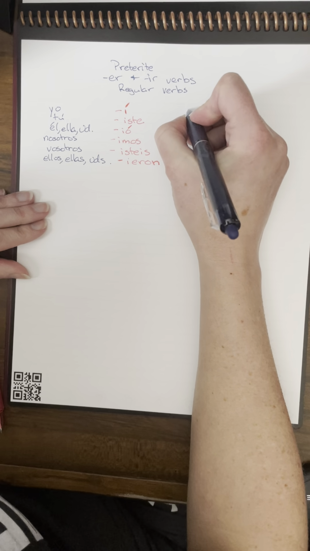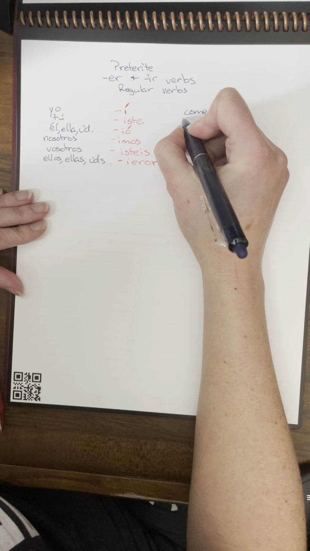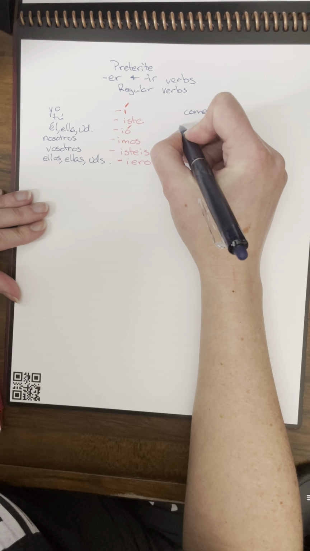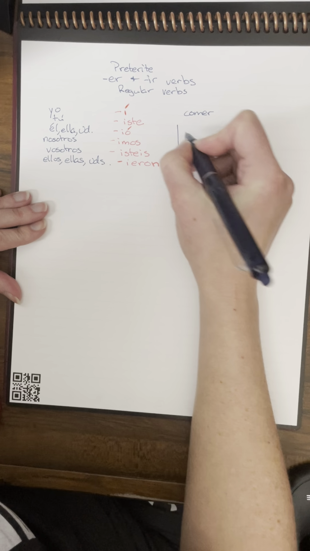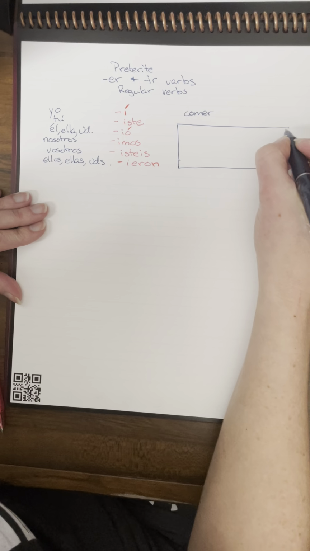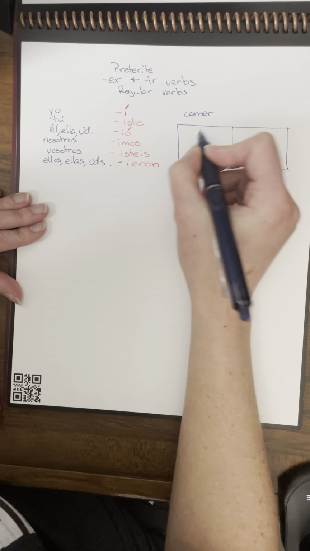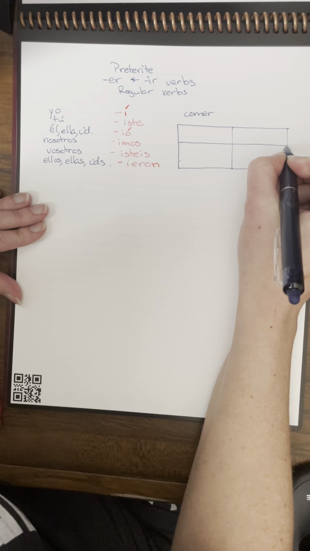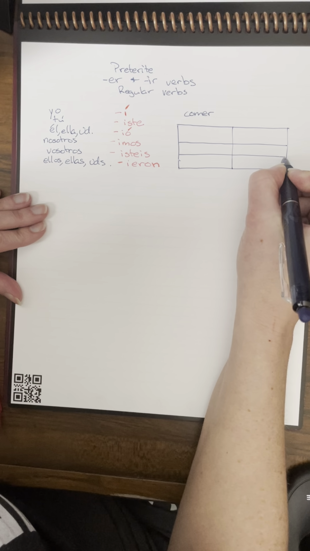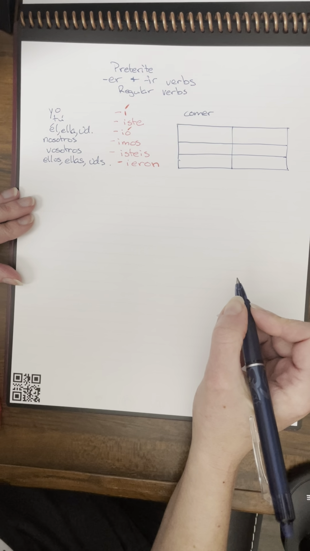Okay, so let's do our first verb. Let's do comer. So comer, to eat, right? So this would be I ate. I'm going to go ahead and put this one in the chart form. Okay, so the yo form is going to be comí.